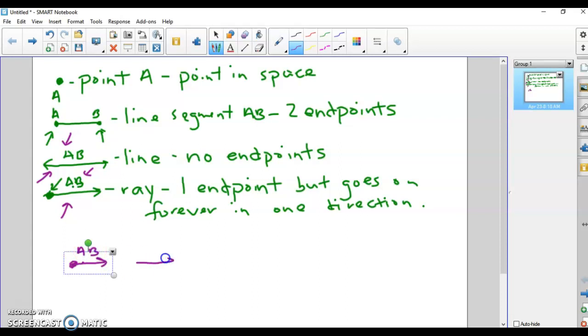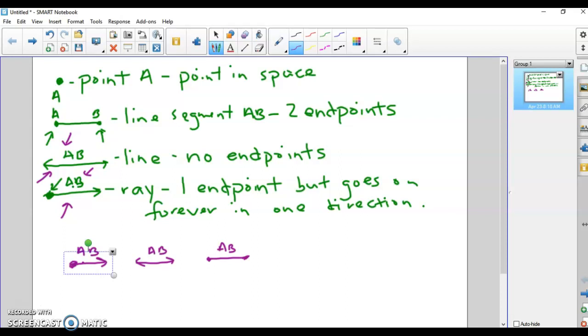For line AB, it would be AB on top of a line. For line segment AB, remember with line segments we have two endpoints. It stops. And then a point would be just one endpoint.